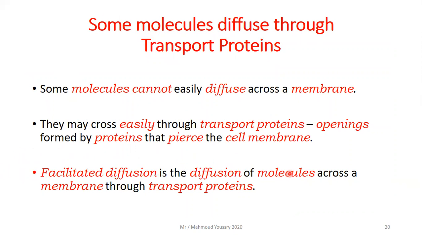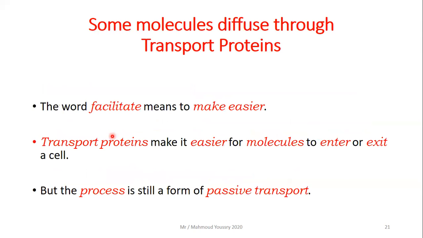This is a form of diffusion of molecules across the membrane through the transport proteins. It is from higher concentration to lower concentration, but of molecules that can only cross the membrane through transport proteins. The word facilitate itself means to make it easier.